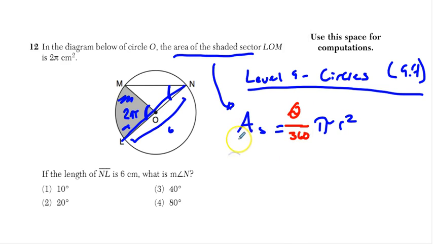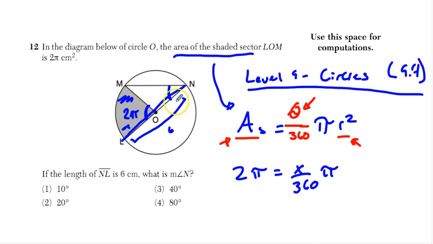Remember, there's 3 variables here: there's area, there's your angle, and there's radius. And I know 2 of these variables. I know the area is 2 pi, that's given to me, so I'm going to write 2 pi is equal to pi, I don't know the angle, so that's x over 360, and the radius here is not 6, but it's actually 3, right? So it's 3 squared. So what we're going to do here is solve for our angle.